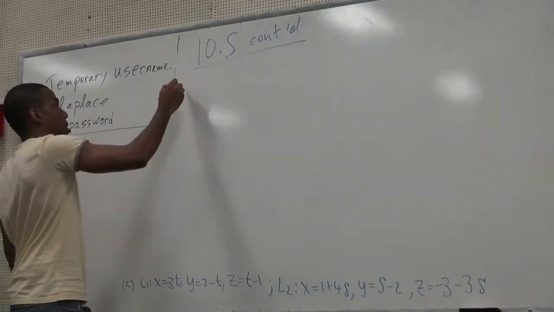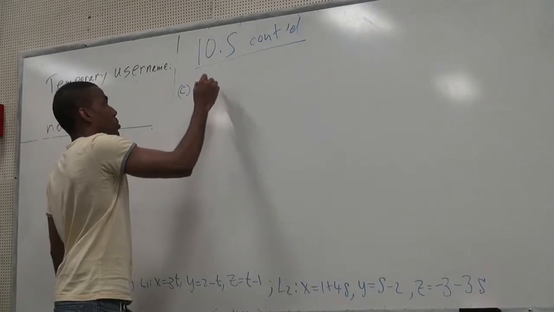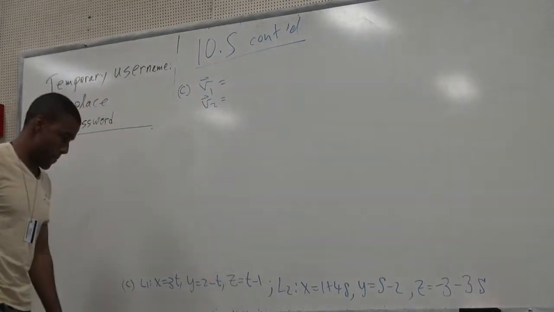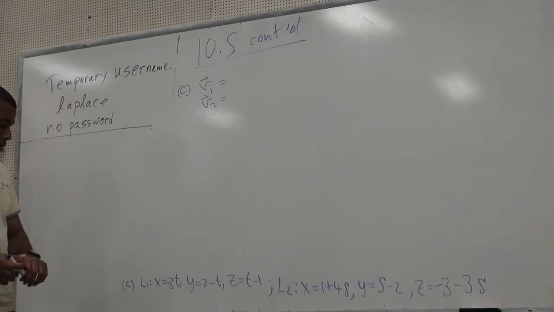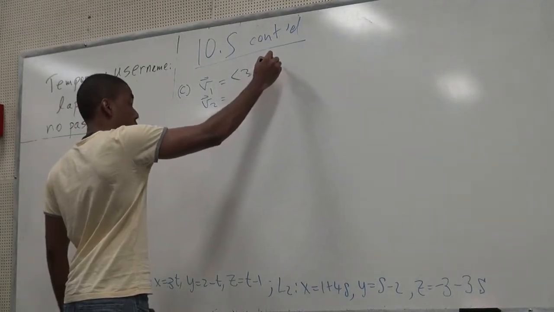Last one, C. What are V1 and V2? V1 is (3, -1, 1).